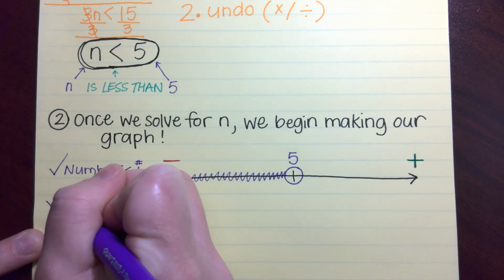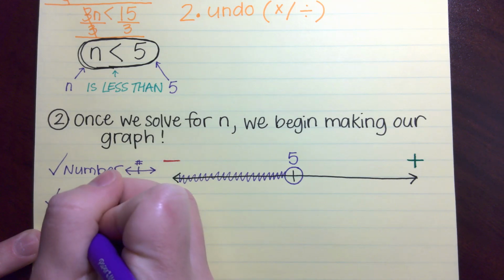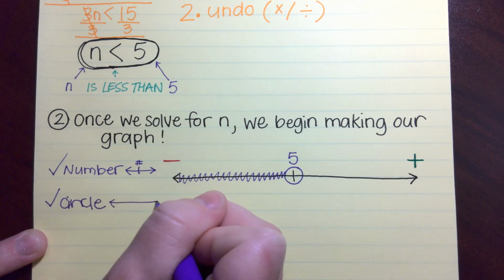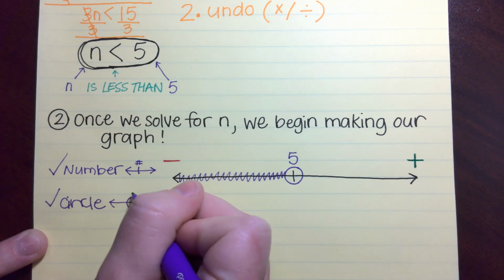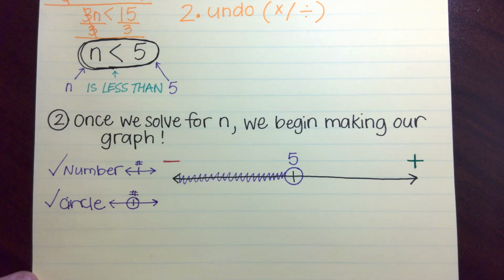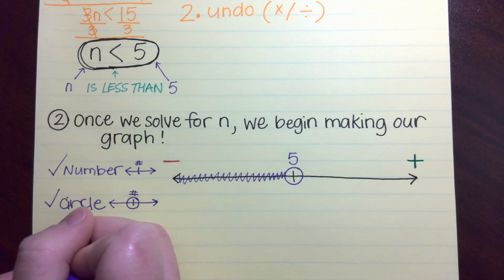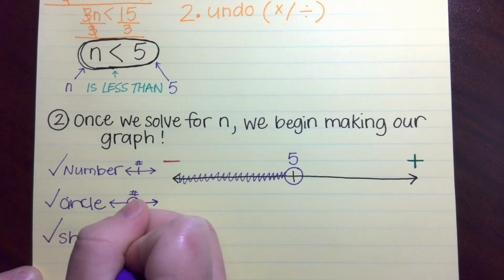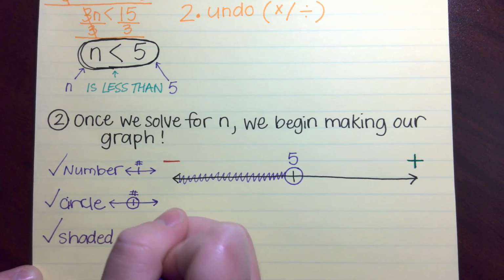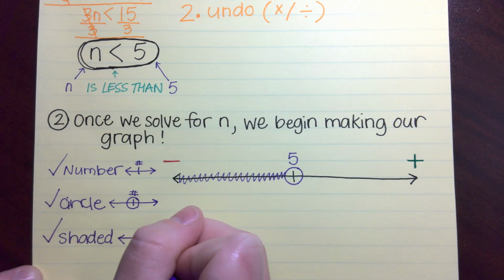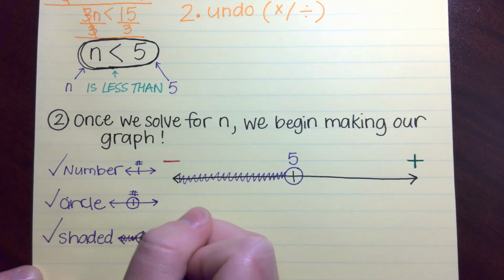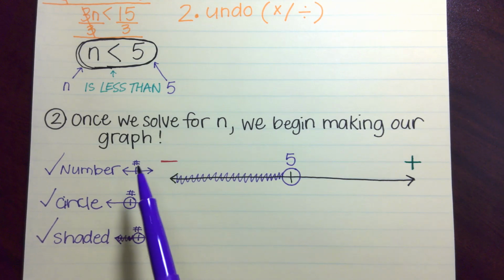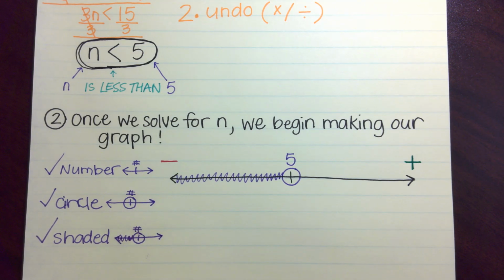The next check is your circle. And your last check is that it's shaded. So if you do those 3 things, you're in great shape and you've done your graph.